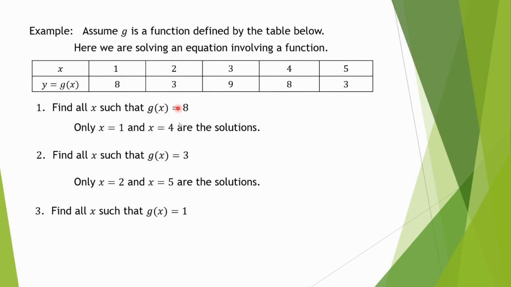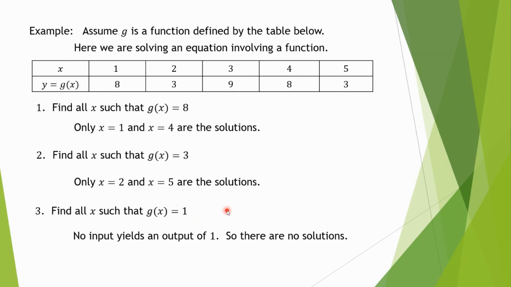That tells us this has no solutions. There's no x, so that this is equal to 1. In other words, there's no input whose output is 1. There's no x value whose corresponding y value is 1. So there are no solutions to that equation.